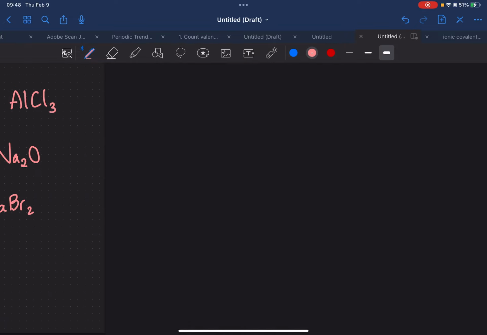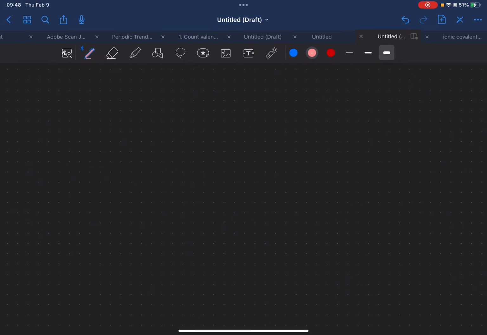Number 5 gets more advanced still, because now you've got to do a little bit more thinking to figure these out. So let's try aluminum oxide.